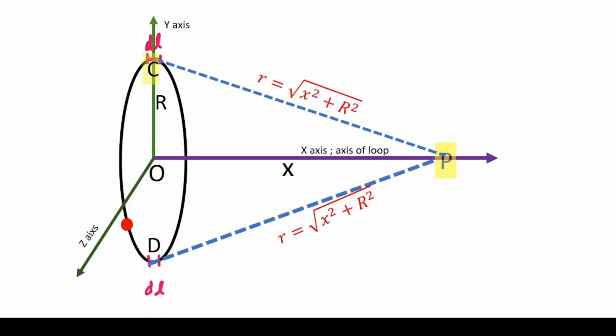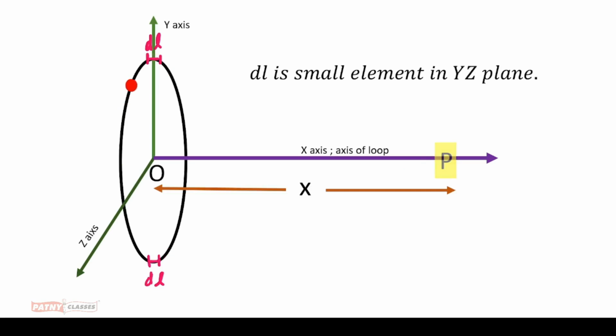So this is dl, a small element. Here also we have selected dl. The small element dl is in the YZ plane.